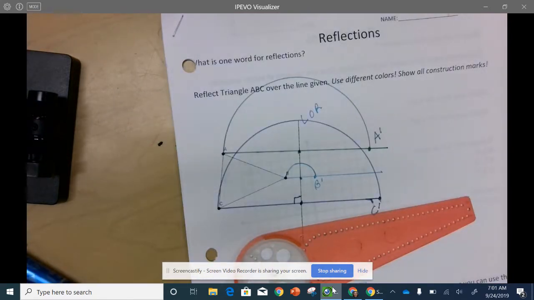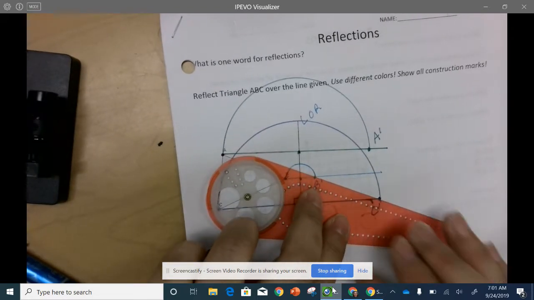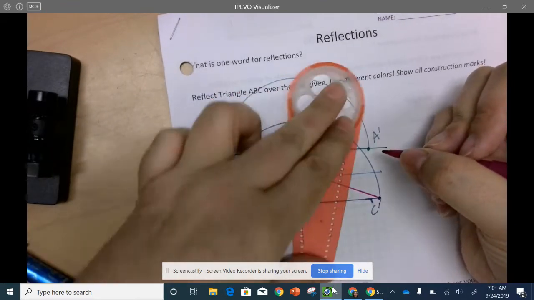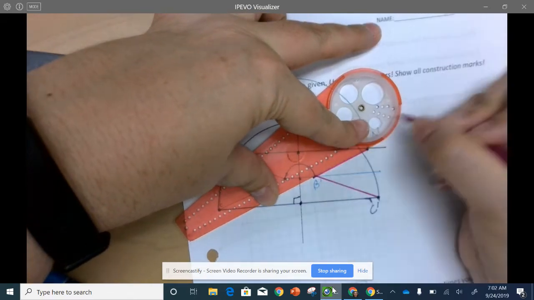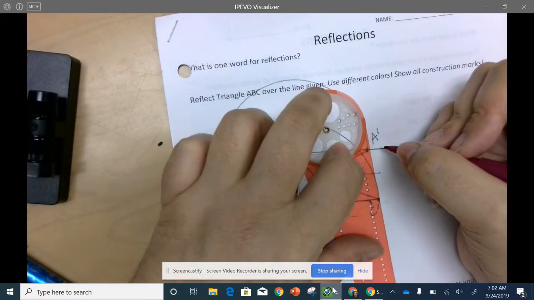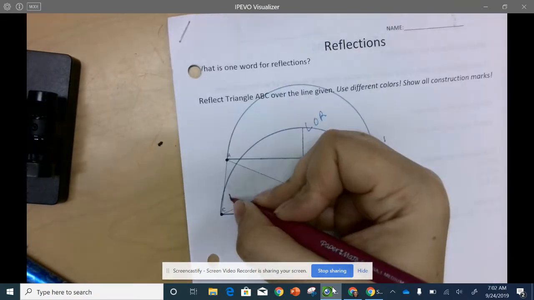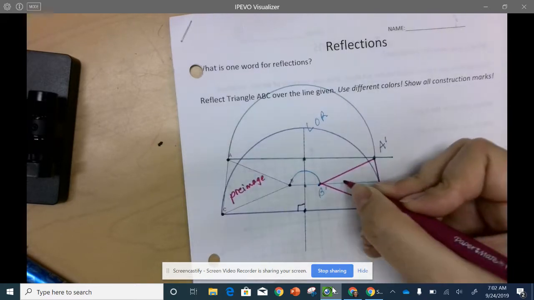And then we're going to go ahead and connect them. So we reflected the triangle ABC across our line of reflection. So remember, this is our pre-image, and this is our image.